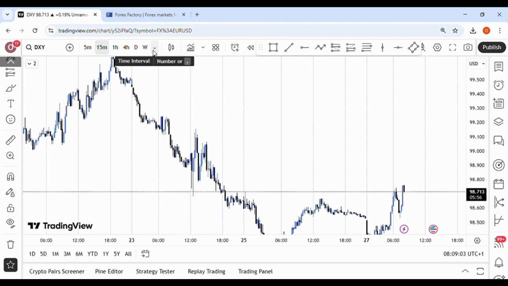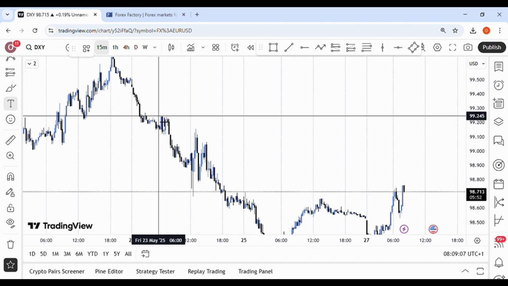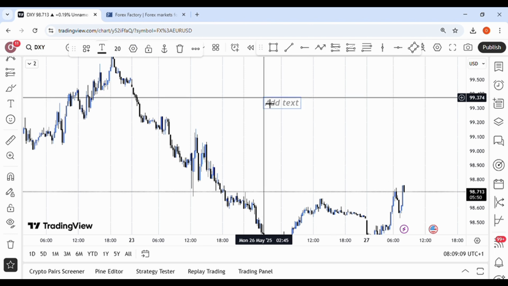Now, if you want to do your top-down analysis, I will advise you use at least 3 to 4 time frames. Multiple time frames are advisable when you are doing your top-down analysis.